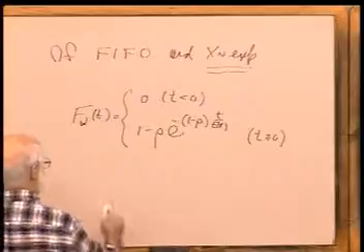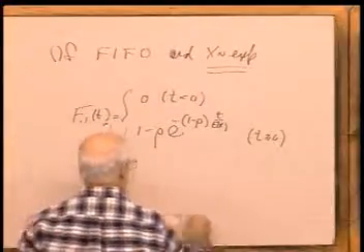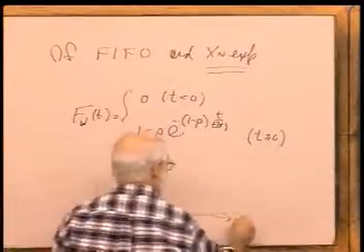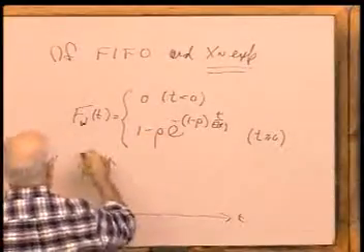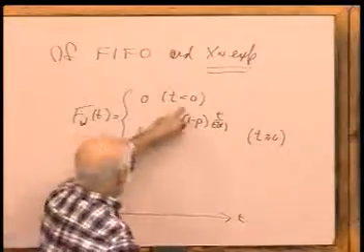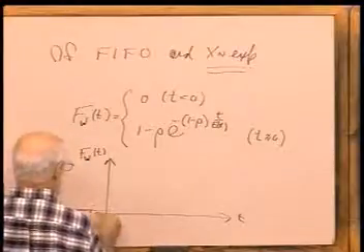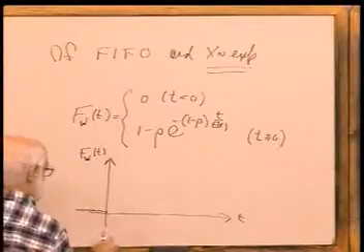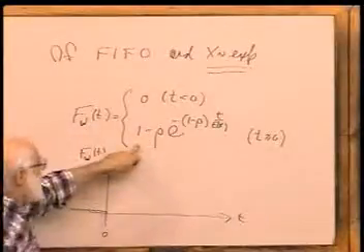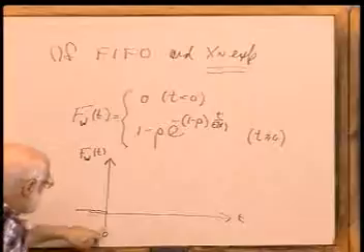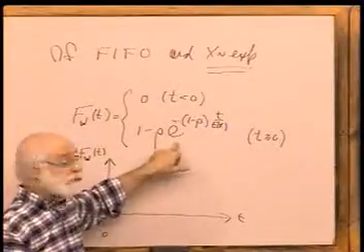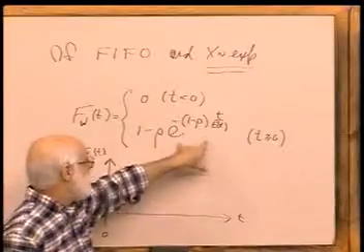Suppose you drew the graph of this. And this is one of the things I'm asking you to do, to draw the graph of this. So there's t, and here is the probability that the waiting time is less than or equal to t. Now, when t is negative, it's 0. When t is not negative, it's given by this formula. So what happens when t is equal to 0? If I plug in a 0 here, this exponential is a 1 because it's to the 0 power.